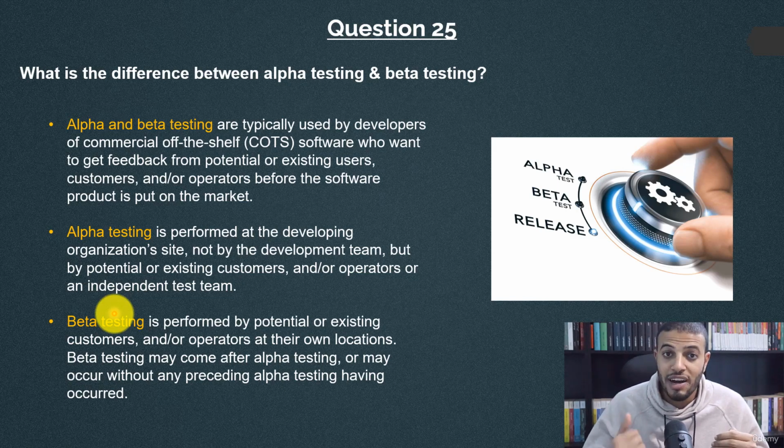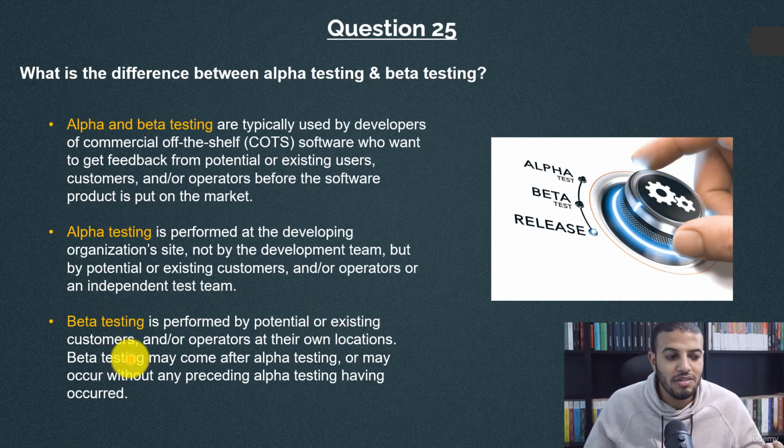So first we perform alpha testing at the development organization, then we perform beta testing, but it is also done by potential or existing customers or operators at their own locations, not at the development organization's location. So for example, from your home, you download this application or this game and begin to use it as a potential customer, and we as developers or the development organization get feedback from your use of it.